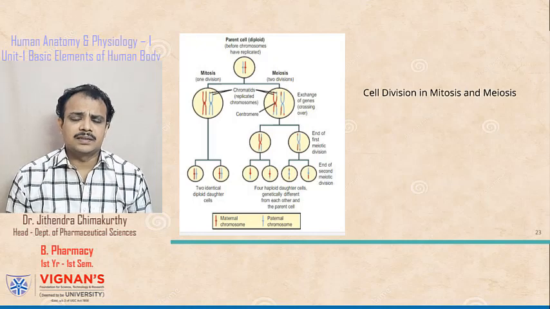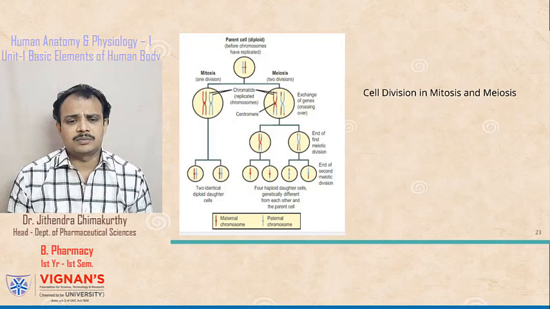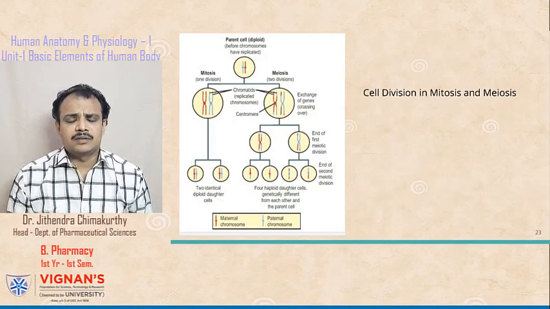And once again, this cell division in the first meiotic stage occurs under the influence of the mitotic spindle, which leads to pulling of chromosomes to the two ends of the cell followed by cell division. And this is followed by the second meiotic division.